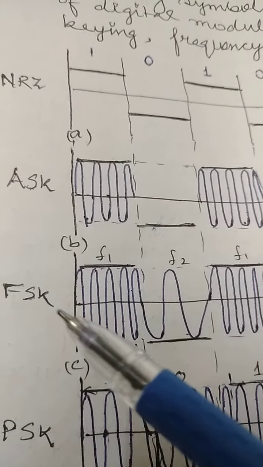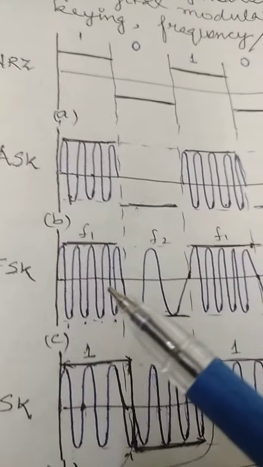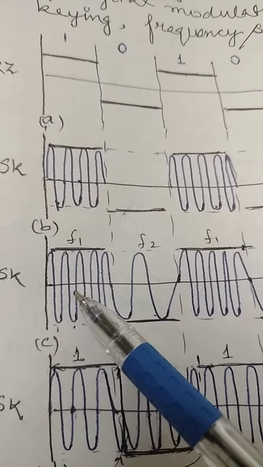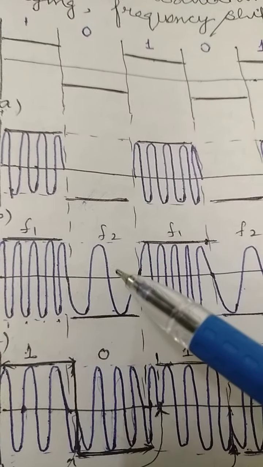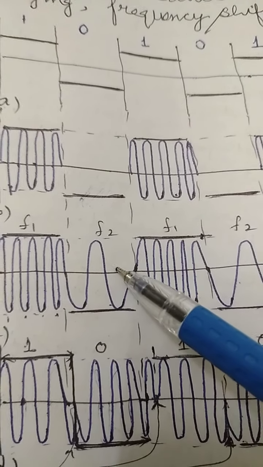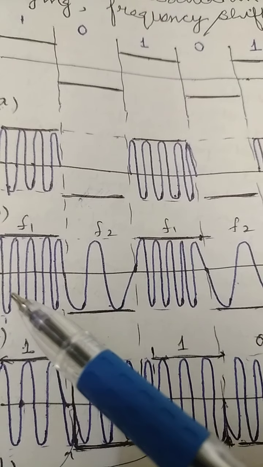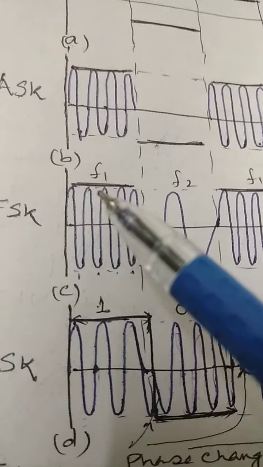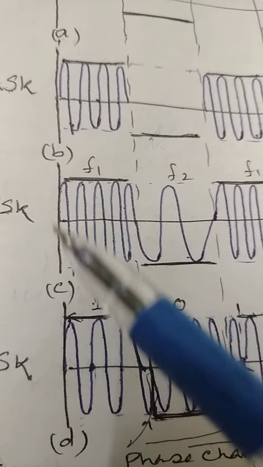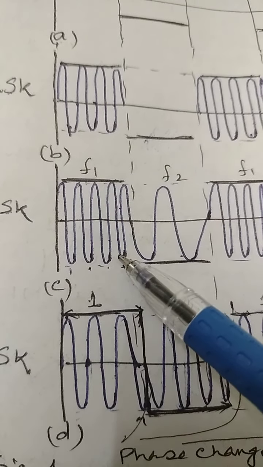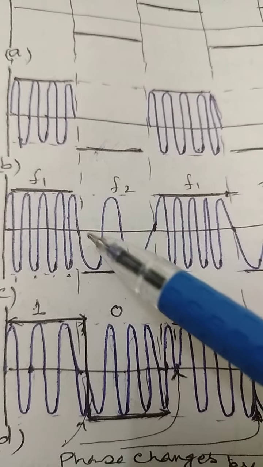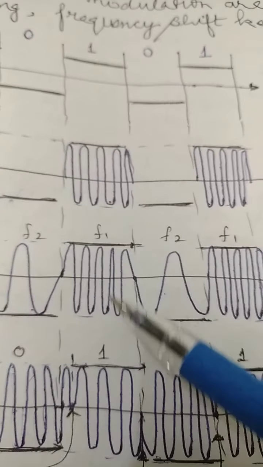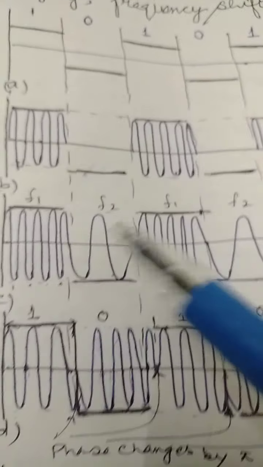Here in FSK, we are using one particular frequency for logic 1 and another particular frequency for logic 0. So two frequencies of fixed amplitudes have been used. Logic 1 has been represented by higher frequency F1, and logic 0 by low frequency F2. Again for logic 1 it is high frequency.